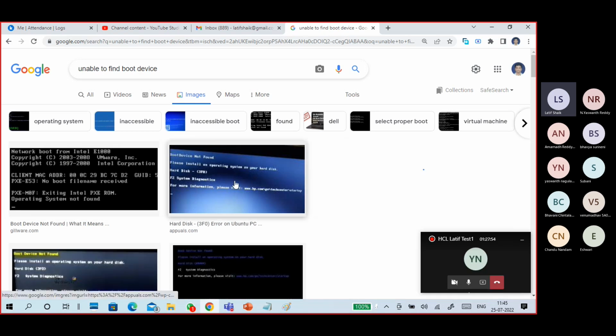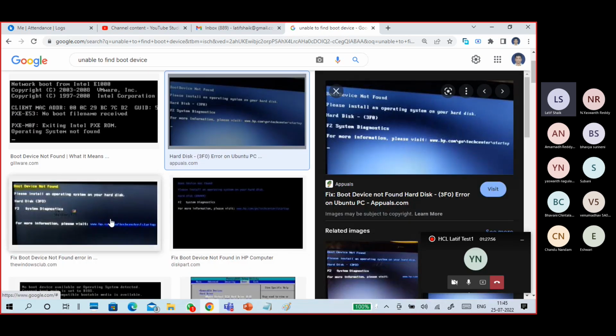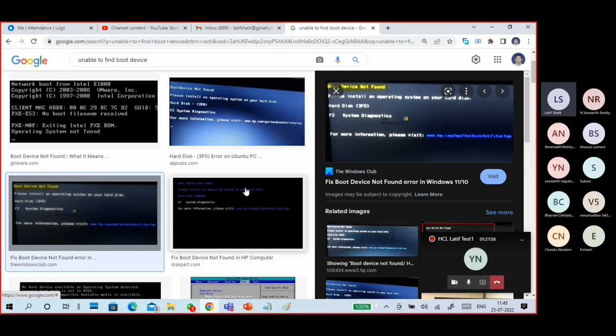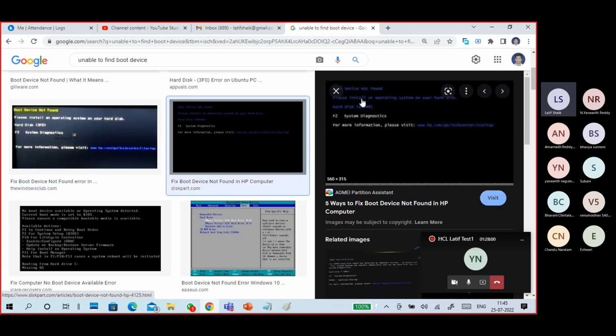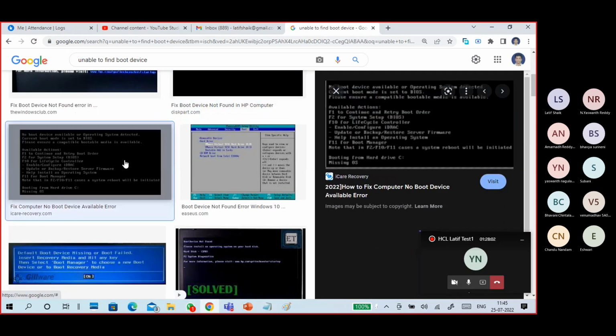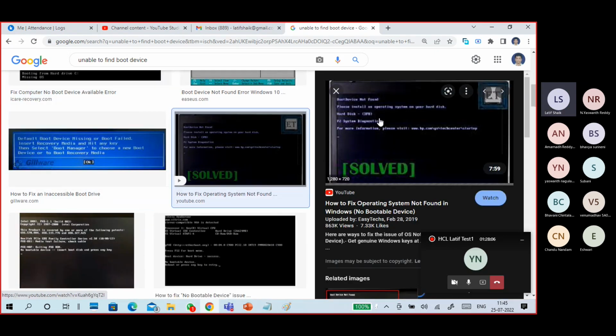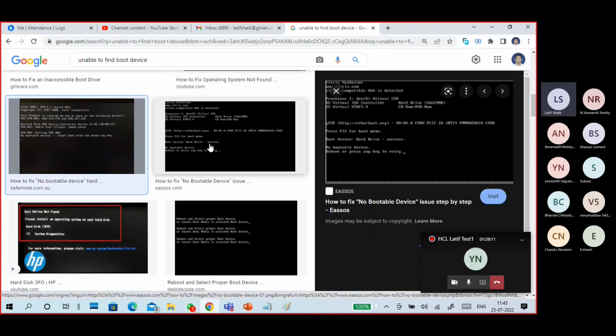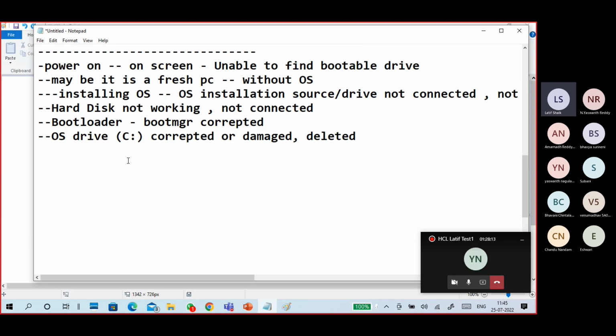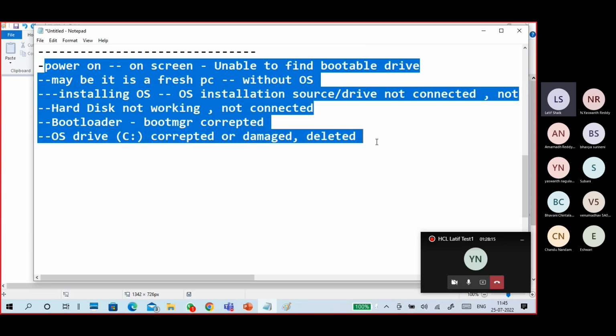Like this it will show boot device not found, or unable to find bootable device. This kind of errors you will get. So this error's meaning is most probably the device is corrupted.